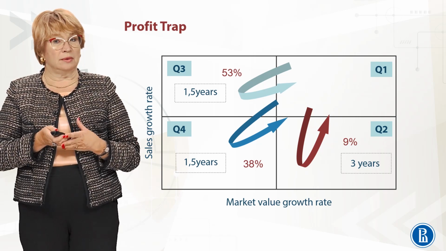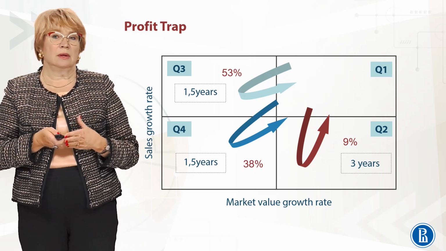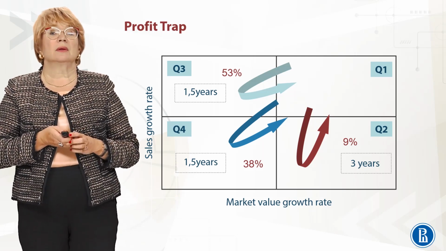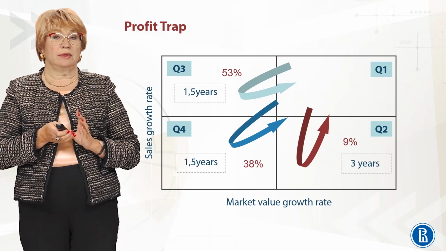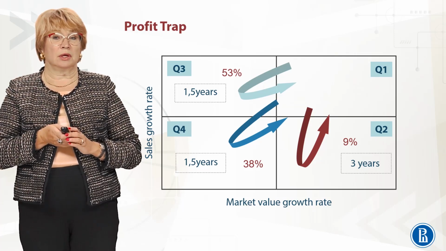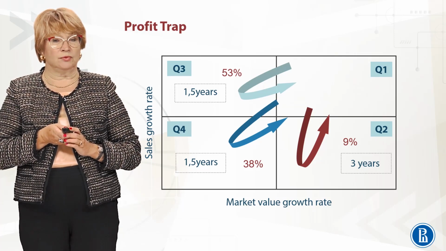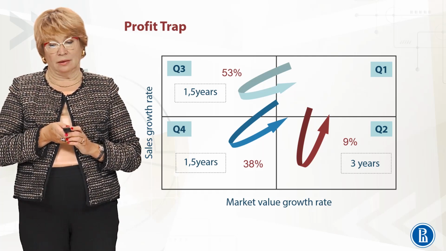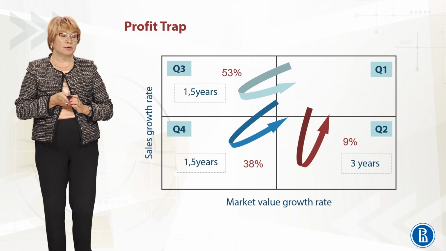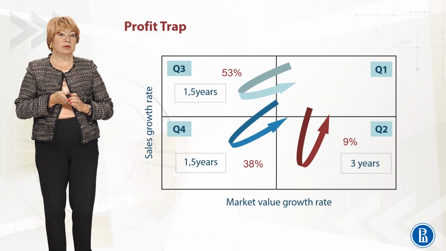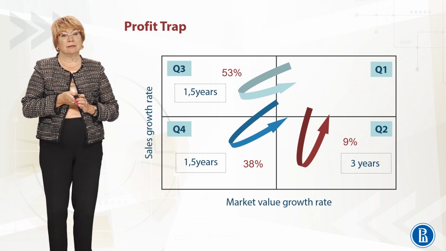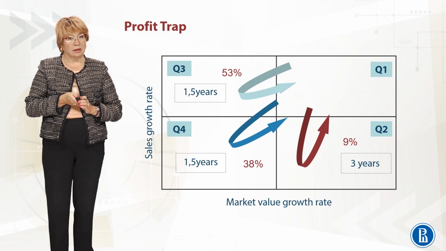I'm now talking about the switch to Q2, which means that only very few companies in quadrant Q1 really moved to Q2. So they tried to keep the growth rate of their earnings higher than average, but they lost the dynamics in their sales revenue, and they also tried to keep their market value growth rate untouched and still high.